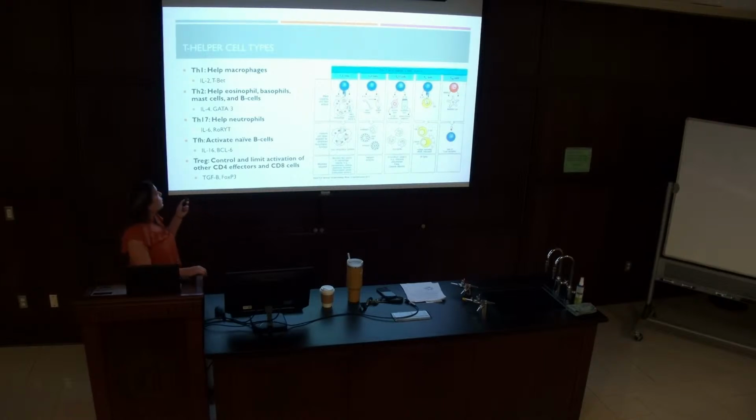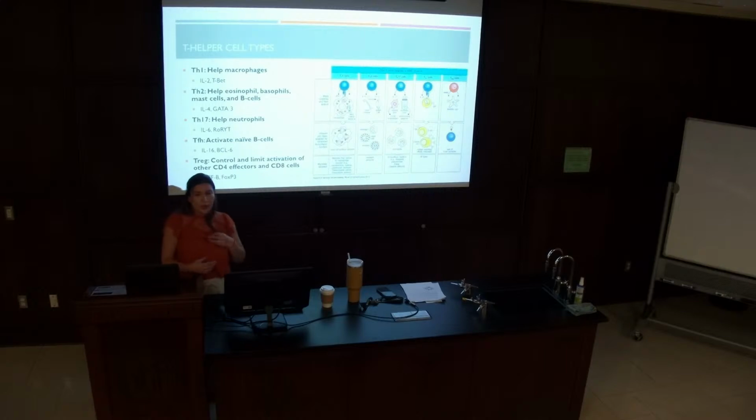Th17 help neutrophils, and then there are these TFH cells that help activate naive B cells, and then Tregs, so they're regulatory T cells. These control and limit the activation of other CD4 and CD8 cells. So basically, these just help regulate things and control things so you don't have too much of a good thing.